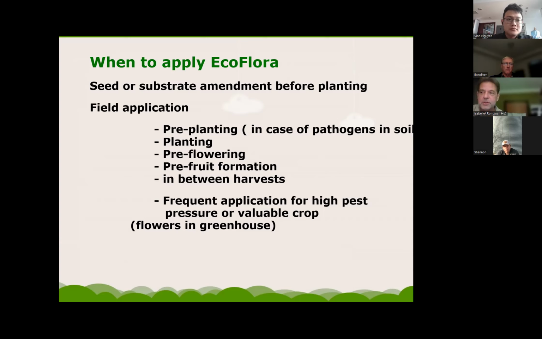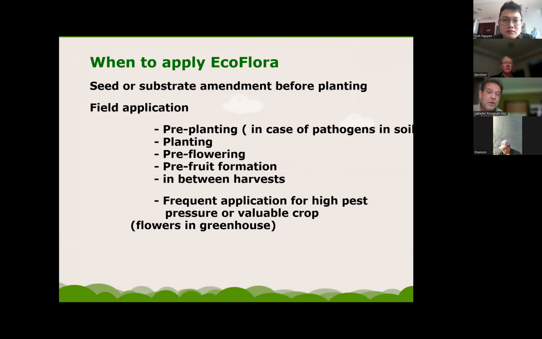Also, for example, in flowers, I worked quite a few years in the flower industry in Colombia and Ecuador, and they use the most toxic cocktails that you can imagine on a daily basis. Obviously they are wiping out everything that you created in the biology in those soils. So you need to do weekly applications, and that way you can keep up the health in the soils.